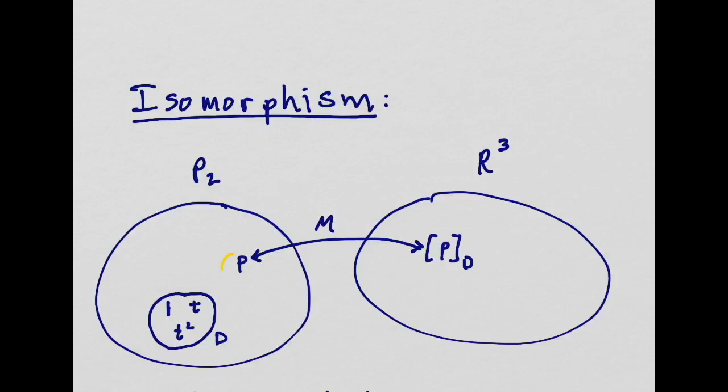It'll take, say, this vector P in P2 and map it over to this vector, the coordinate vector of P relative to the basis D. Over here is my basis D that is in P2. This is what we call the standard basis for P2. It contains the vectors 1, t, and t squared. And we'll see why that's the standard basis in a little bit.